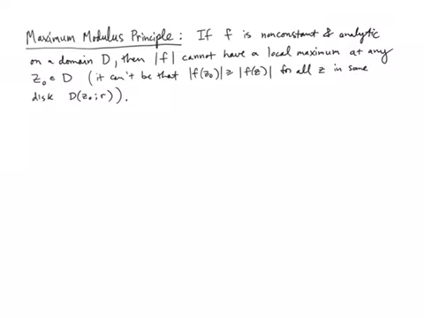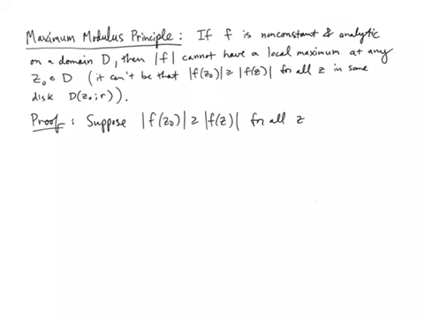So, proof. Suppose that the norm of f of z0 is bigger than or equal to the norm of f of z for all z in some disk around z0, say of radius r.